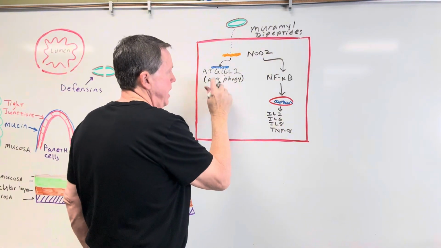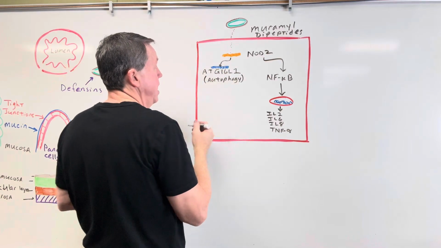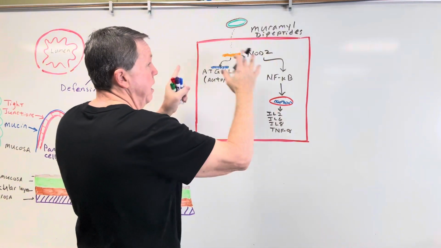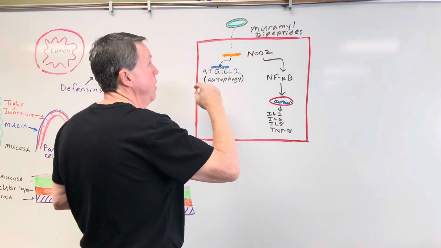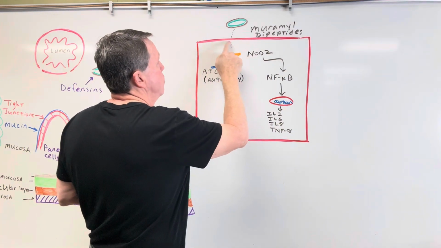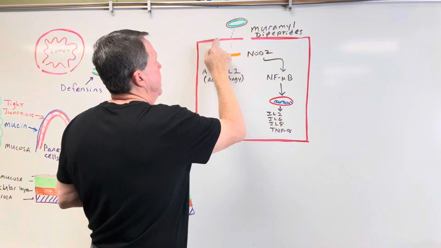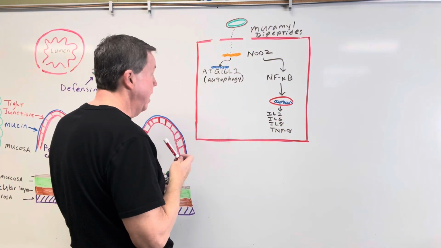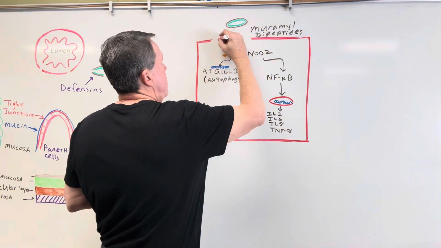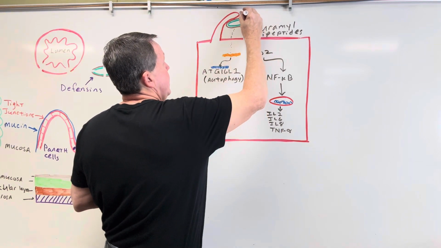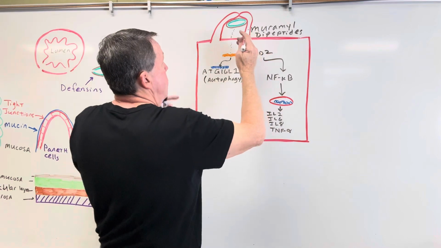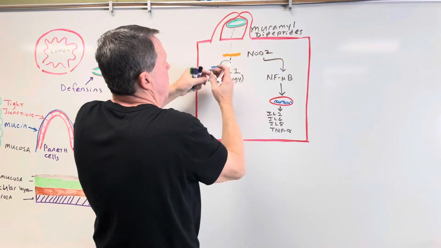What's going to happen here, though, is the other role this is going to play. You see how we have this microbe here? Now let's pretend for a second this is a macrophage or a dendritic cell. What it will do is actually grow the cell membrane out, so it will surround this here. These are called pseudopods. It will surround this here with these pseudopods, and then it's going to pull it inside the body.